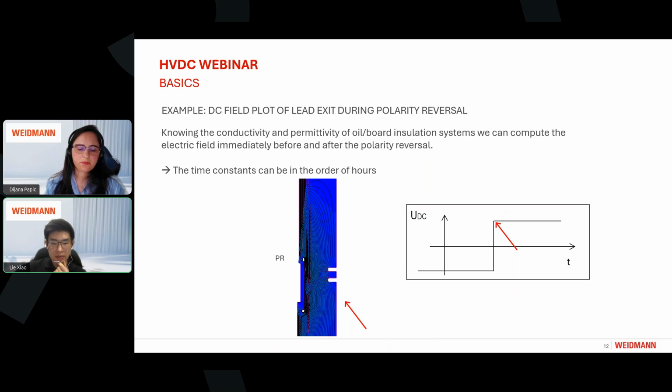Knowing the conductivity and the permittivity between the oil and the insulation material, we can calculate the electrical field immediately before and after the polarity reversal. Next page, please.